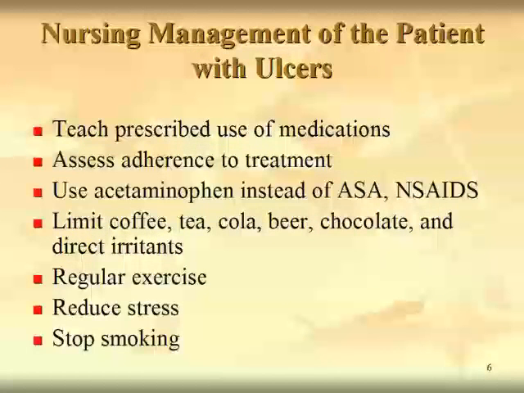Some other nursing interventions would be to teach the correct way to use the medications. Try to have the patient use acetaminophen or Tylenol instead of aspirin or NSAIDs, and limit those dietary things like we talked about that are irritating to the stomach.